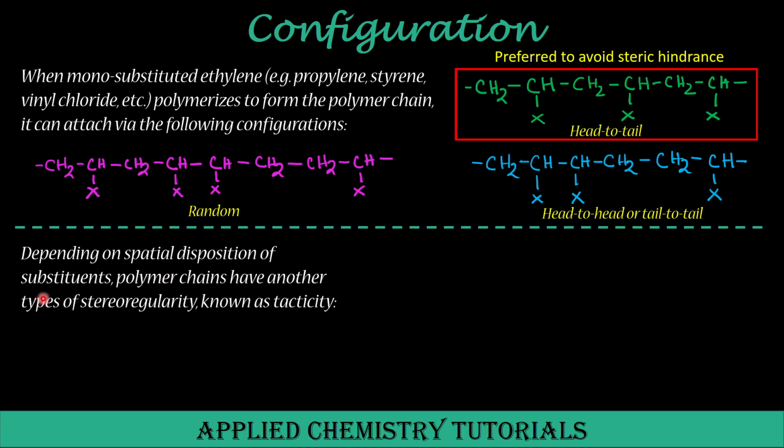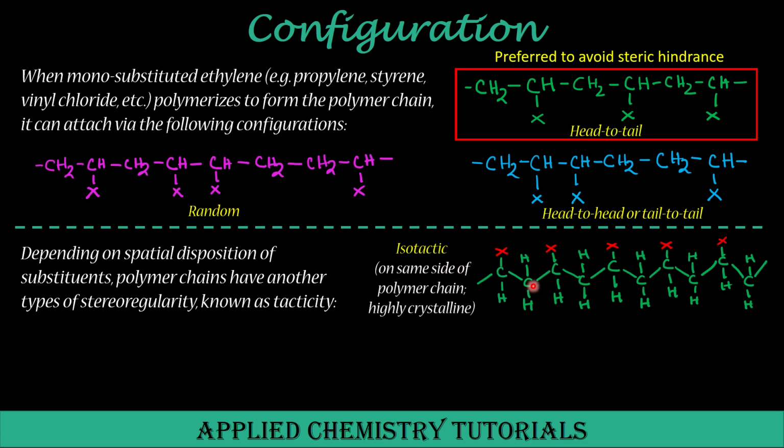Depending on the spatial disposition of substituents, polymer chains have another type of stereoregularity, which is known as tacticity. The first one is isotactic. For the isotactic polymer, all the substituents are placed on the same side of the main polymer backbone. So this one is the polymer backbone and the X's are placed on the same side of this backbone.